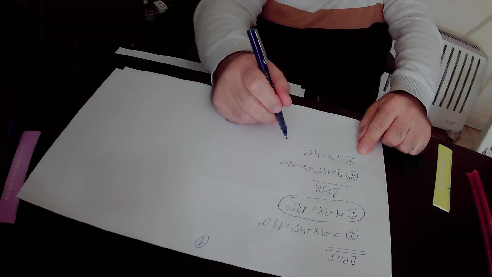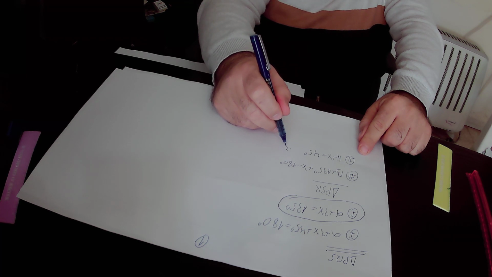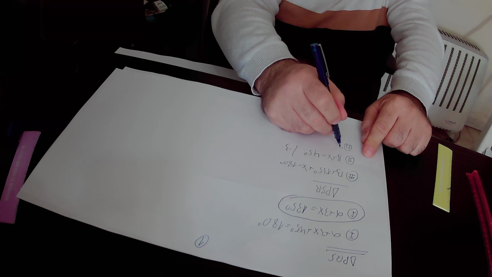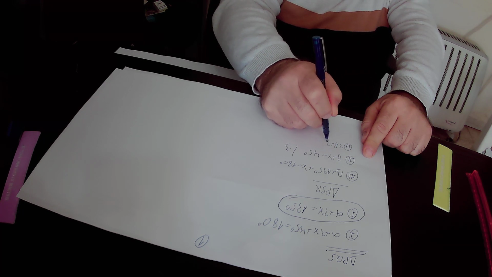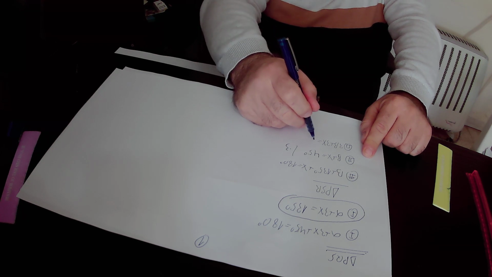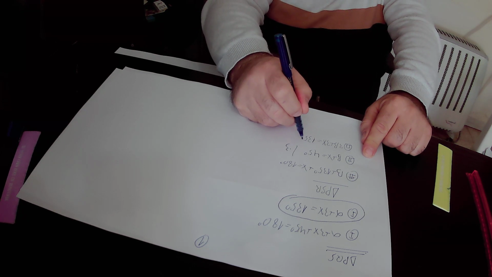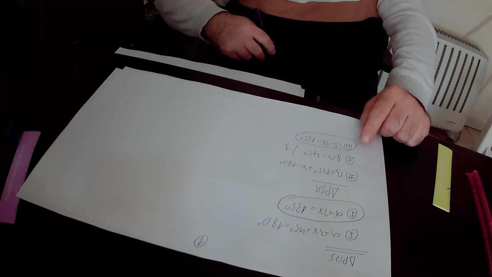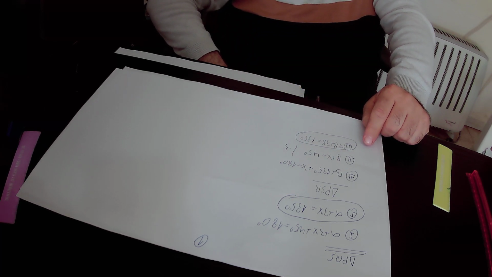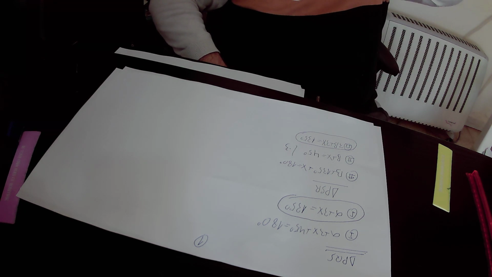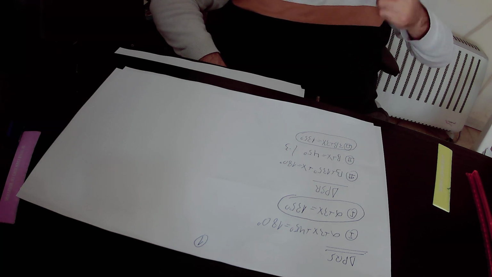So we got that according to equation number 2, beta plus x equals 45 degrees. Here we will multiply equation number 2 by 3, and we will get that 3 beta plus 3x equals 45 degrees times 3, which is 135 degrees. And according to equation number 1, alpha plus 3x also equals 135 degrees.